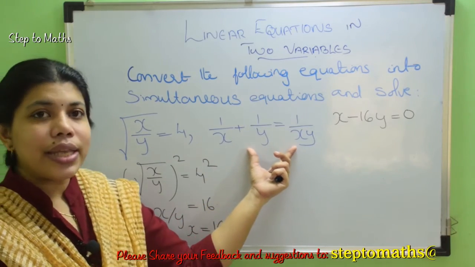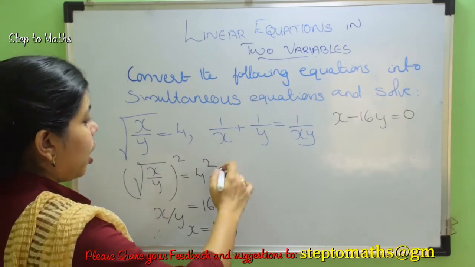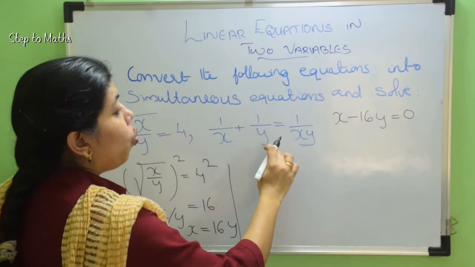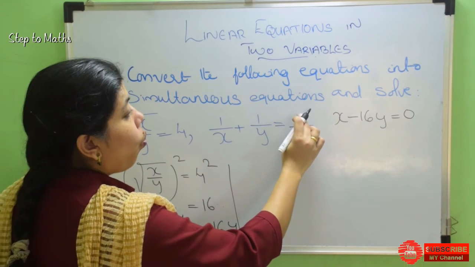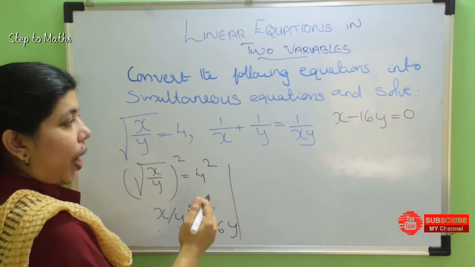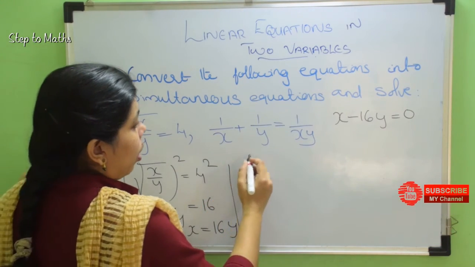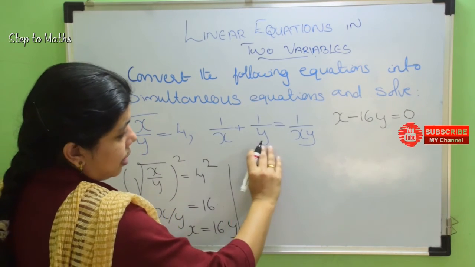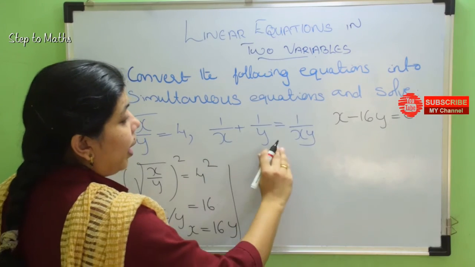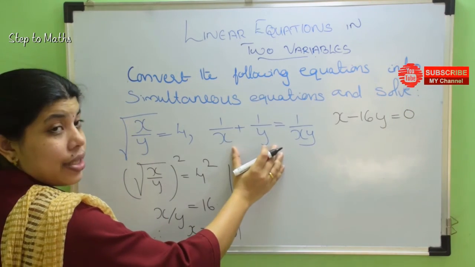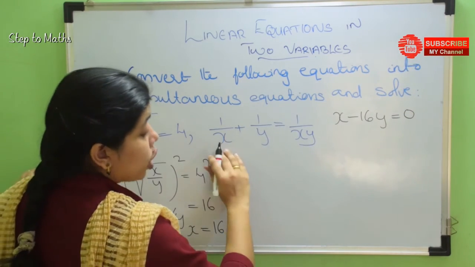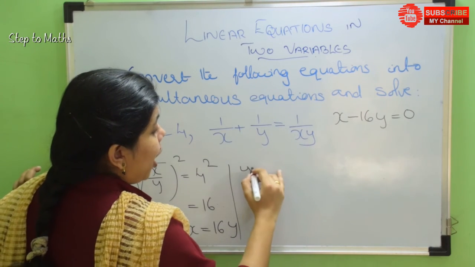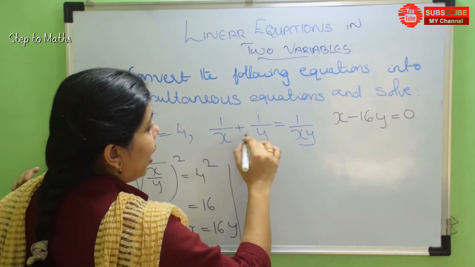Now consider the second given equation, 1 upon x plus 1 upon y equal to 1 upon xy. Consider the left hand side. If we take xy as the denominator, then the numerator becomes y plus x.